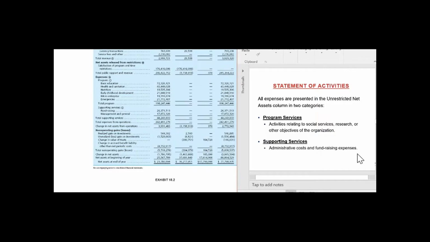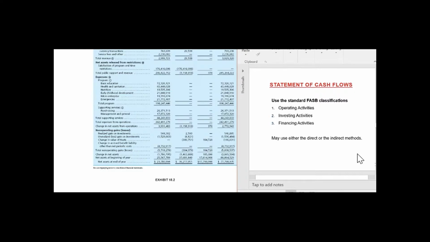Program service expenses are activities relating to their basic goal and social service research, closely related to the not-for-profit entity's mission. On the other hand, supporting services cover administrative costs, management and general costs. It could even be fundraising expenses.